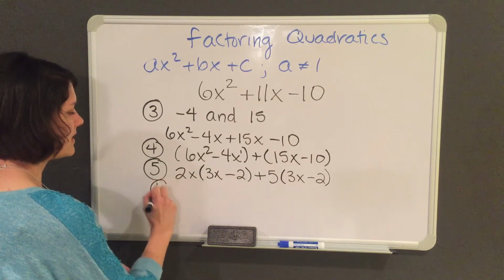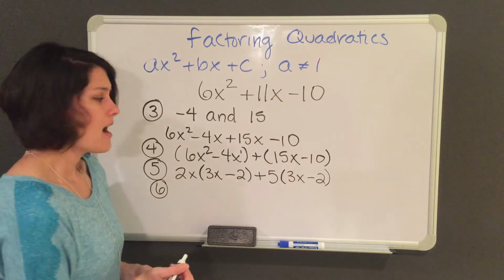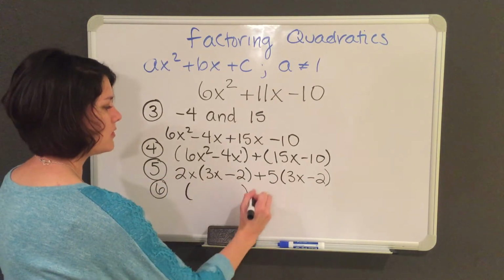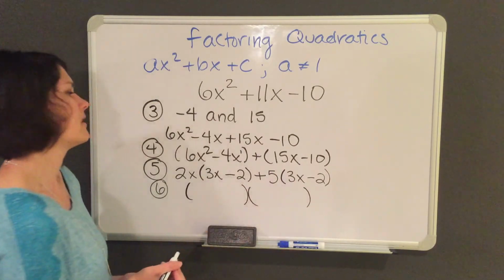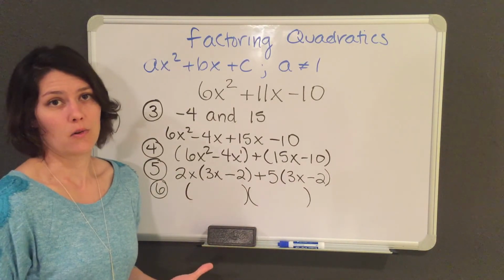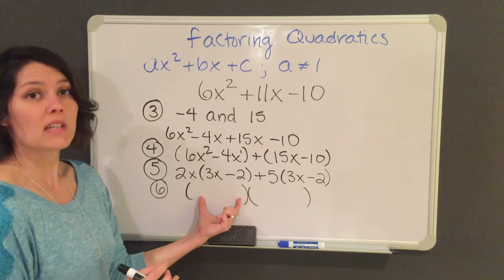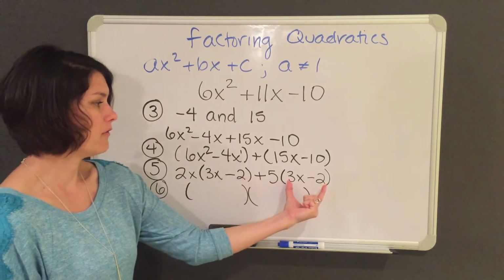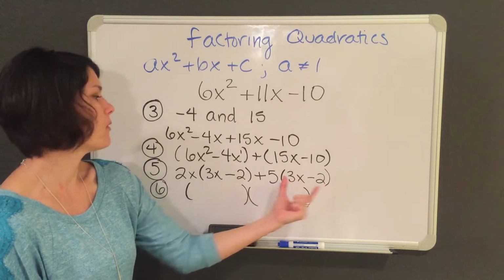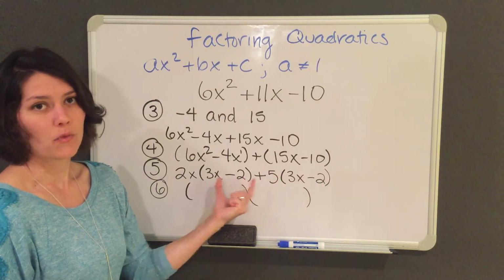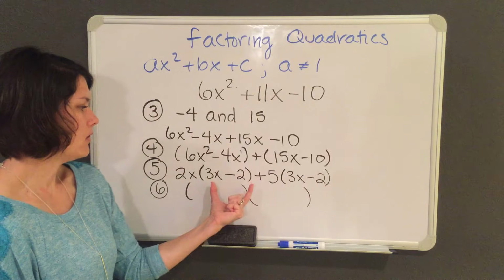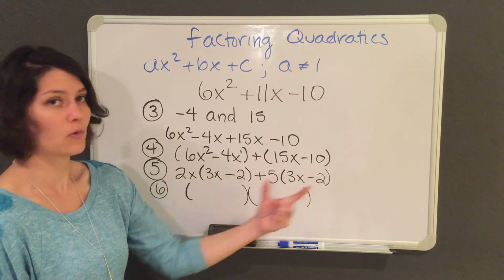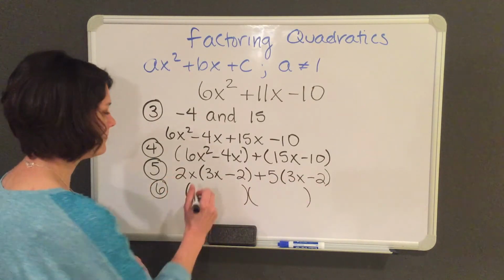Okay, moving on to step 6, which is our final step. I'm going to write 2 sets of parentheses right next to each other, and I'm going to finish factoring the whole thing. In the first set of parentheses, I'm just going to rewrite what I have already in the parentheses before, which is going to be 3x minus 2. So I'm going to take 3x minus 2, and I'm just going to write it in the first one.